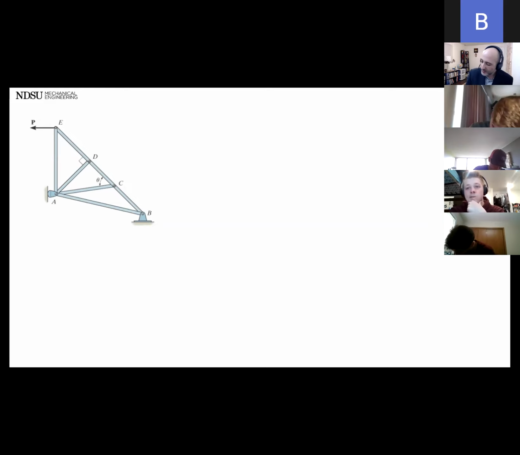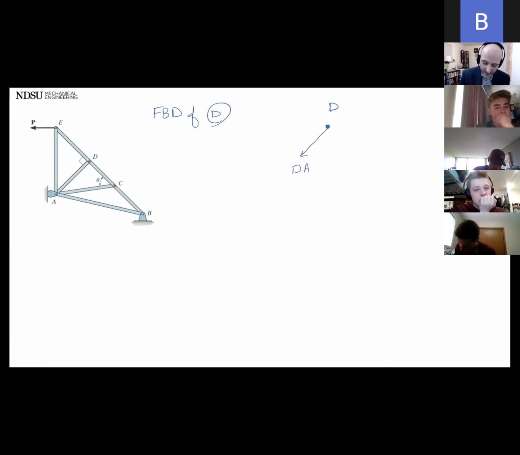So if I draw a free body diagram of joint C or D, let's pick D. Free body diagram of joint D. I'm gonna isolate D, active forces, which I don't see any, and then reactive forces. I see DA going this way, DC going this way, DE going this way.